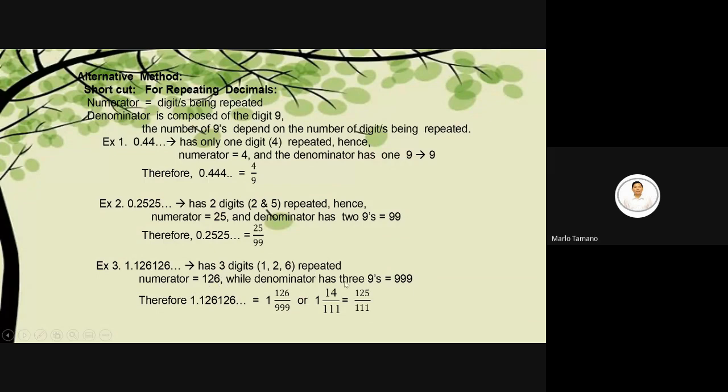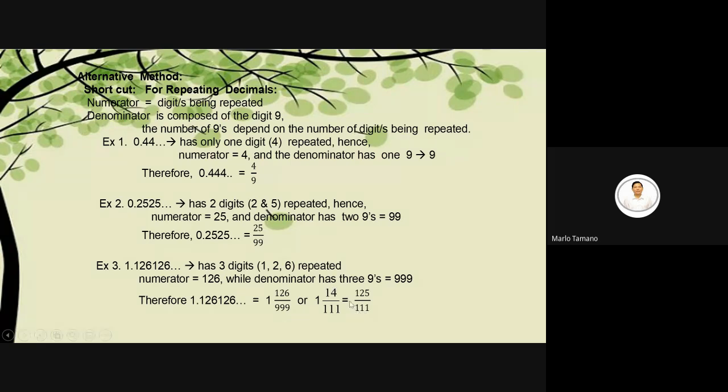While the denominator has 3 nines. Okay, so therefore 1.126126 is equal to 1 and 126 over 999. Or, pwede natin ilo-lowest term yan. So, 1 and 14 over 111. Or, that is 125 over 111.